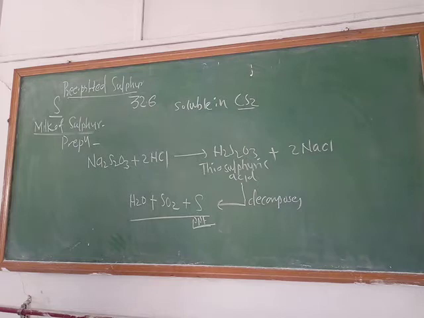And sulfur is the most common ingredient of a number of homeopathic preparations. Homeopathic preparations depend on 12 types of different compounds; amongst that, sulfur is one. So these are the different uses of sulfur.